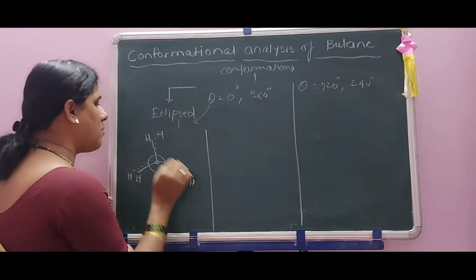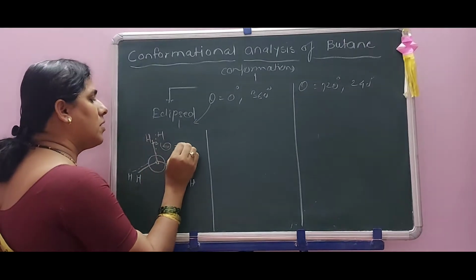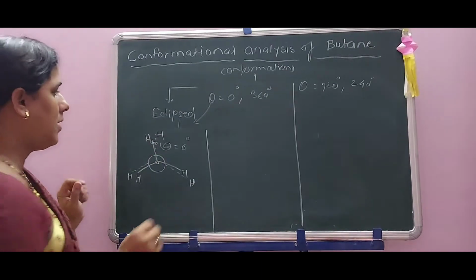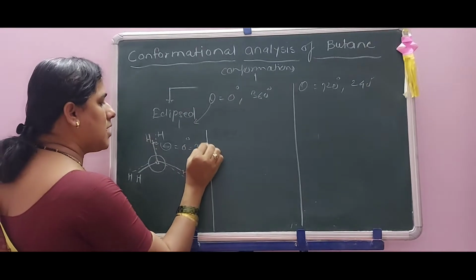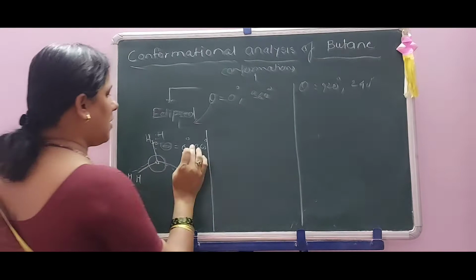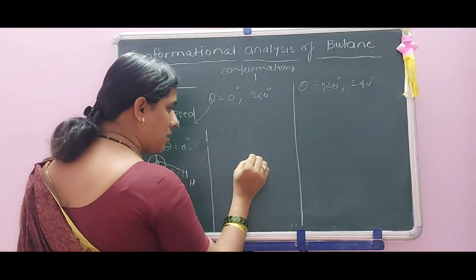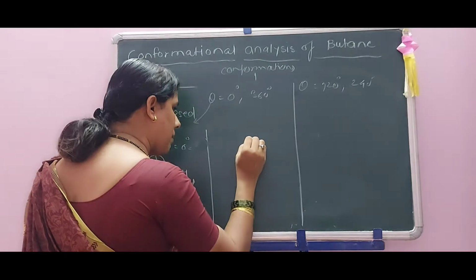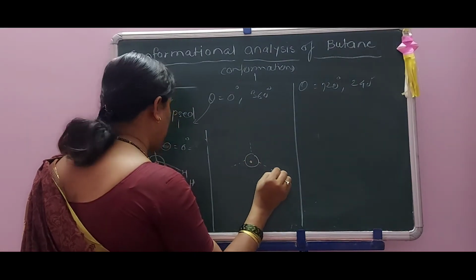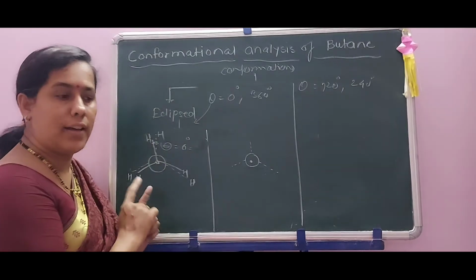Now I am showing this theta. That theta is equal to 0 degrees, and equal to 360 degrees also. This configuration exists. Again, for 360 degrees I am drawing: this is the front carbon atom, this is the rear carbon atom. This is the structure for the ethane molecule.